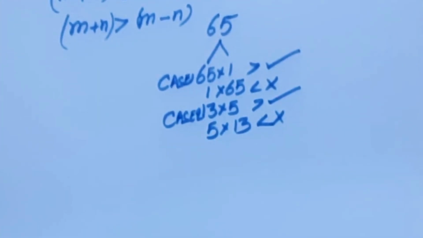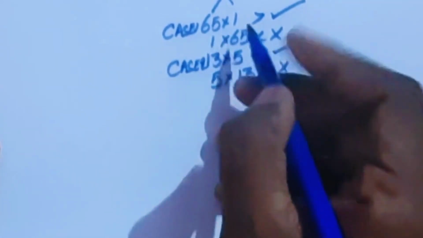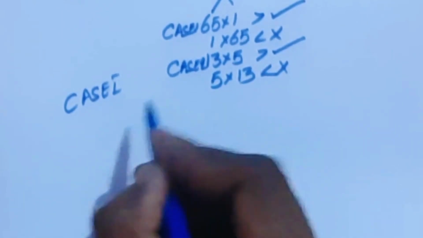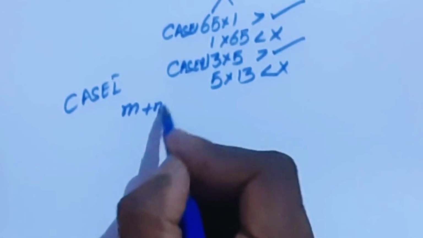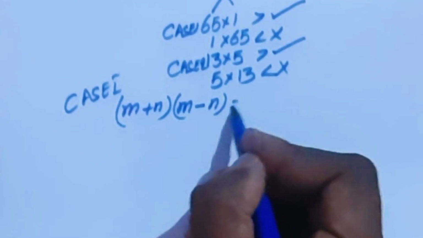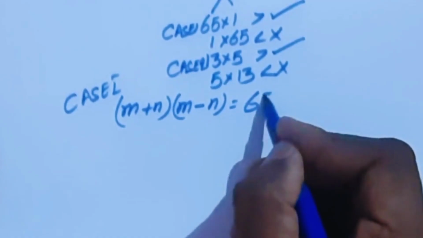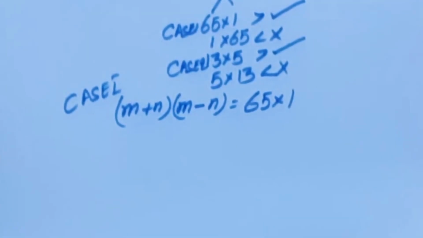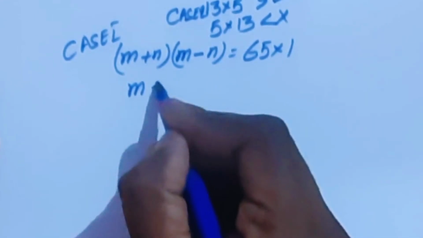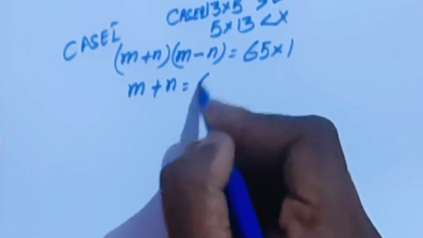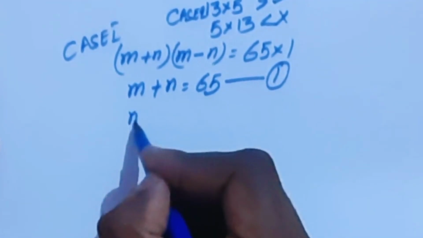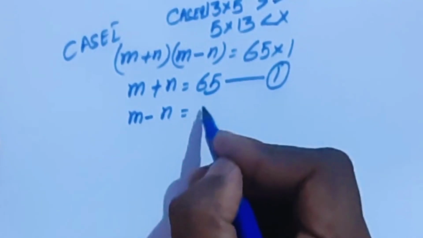Here applying now case 1, (m plus n) times (m minus n) equal to 65 times 1. So from this we have m plus n equal to 65. This is equation 1. m minus n equal to 1.